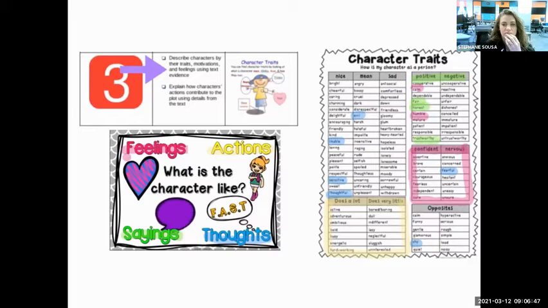So as you can see, our feelings, actions, sayings, and thoughts can have some different places where they are found on this list, but a lot of them mix up into other places. Today, you'll be using this character traits list along with another one to describe characters by their traits, motivations, and feelings using text evidence.